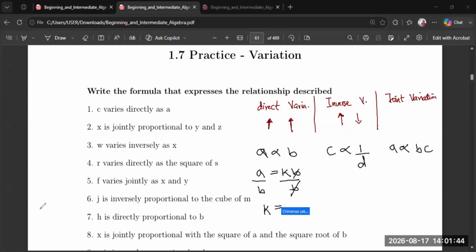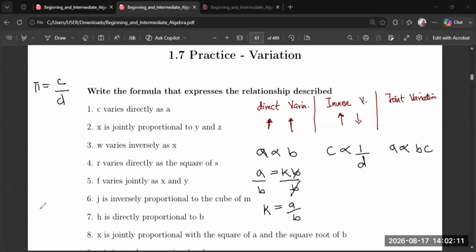So our K is going to be A all over B, just as we had in the circle where we had the constant pi, where we said pi is equal to the circumference all over the diameter of a circle. So that's the same thing here. So if you look at that carefully, you would know that the circumference is directly proportional to the diameter.